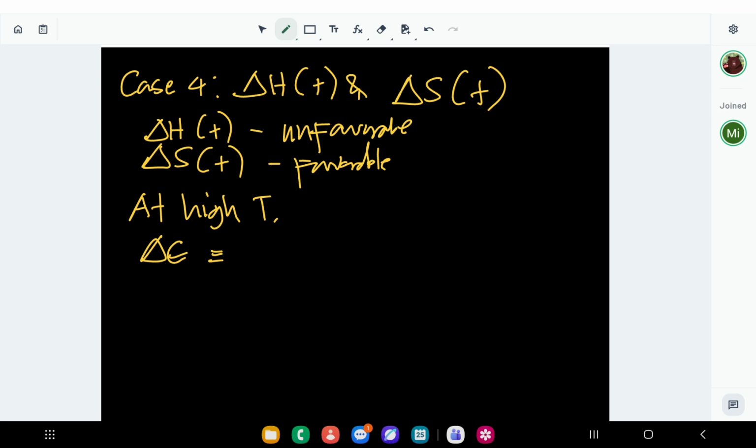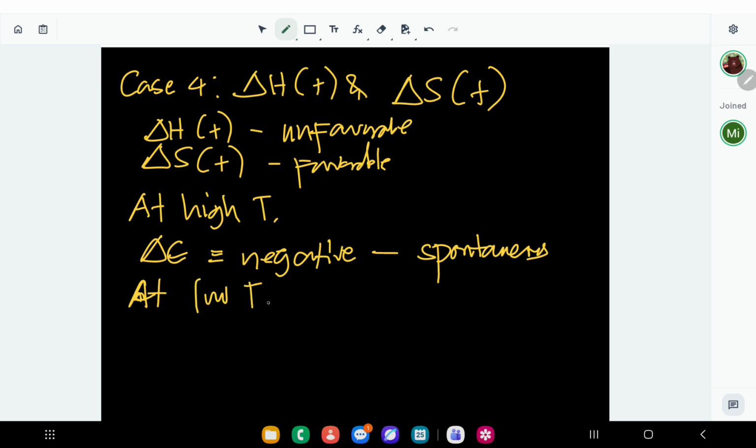So positive and negative, that would become negative for delta G. So this one is spontaneous at high temperature. Then at low temperature, delta G would give us a small number, but still positive. So this is not spontaneous.